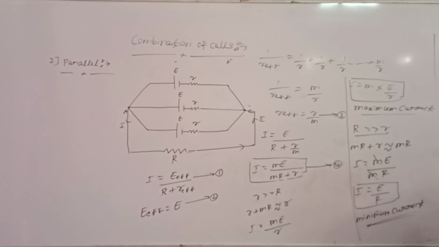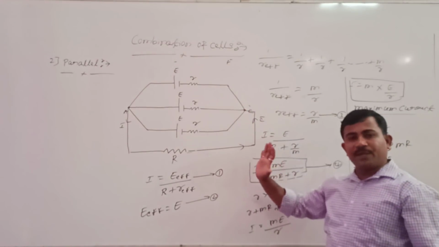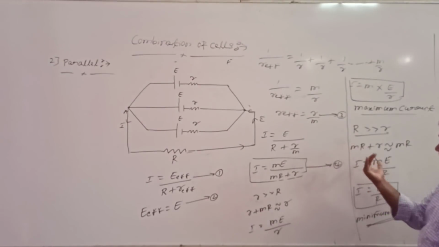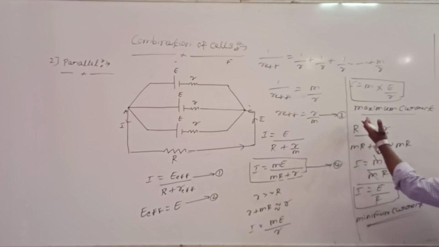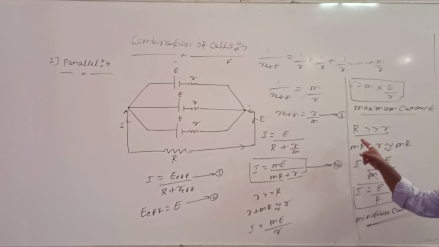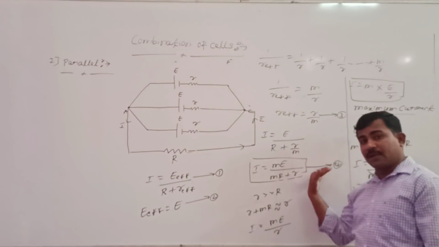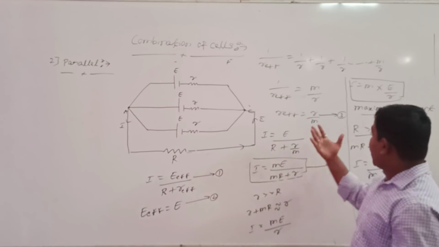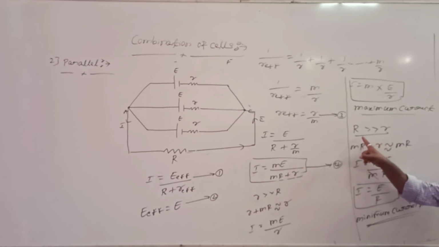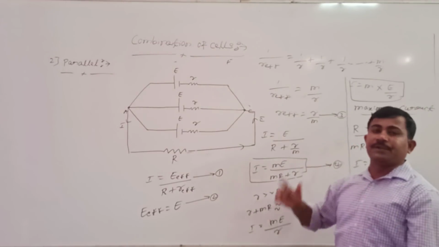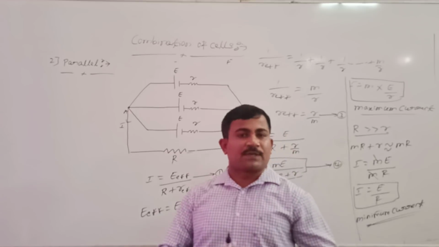I mean for parallel combination of cells, to get the maximum current, what is the condition? Internal resistance must be greater than external resistor to get the maximum current, and to get the minimum current, external resistor must be greater than internal resistance. What case is it?